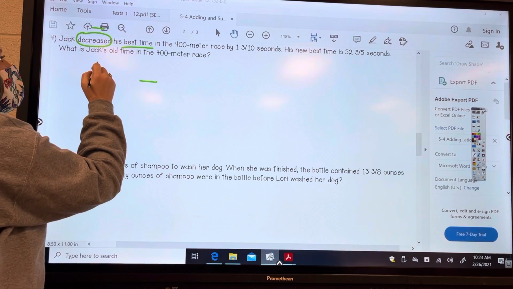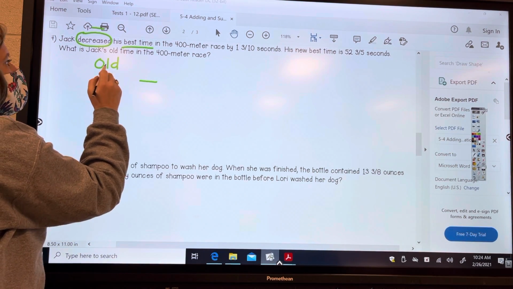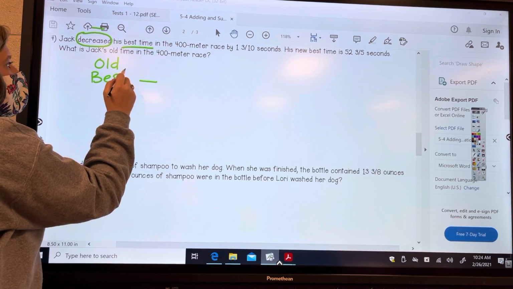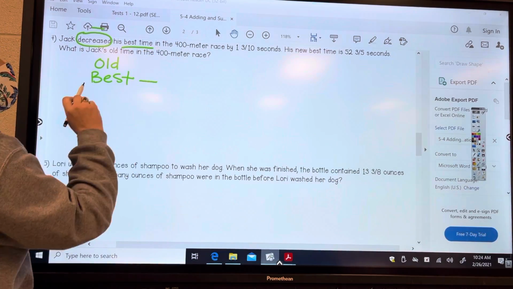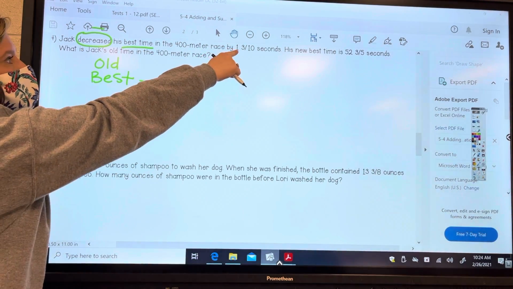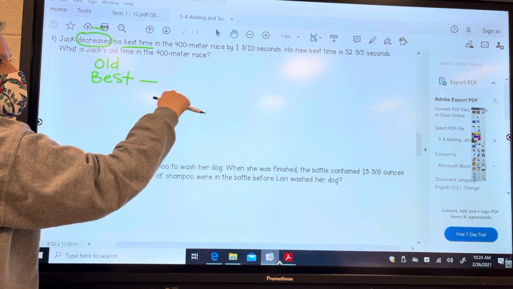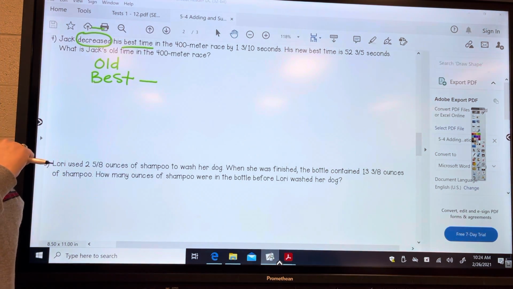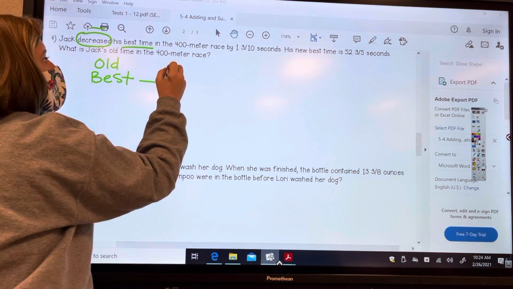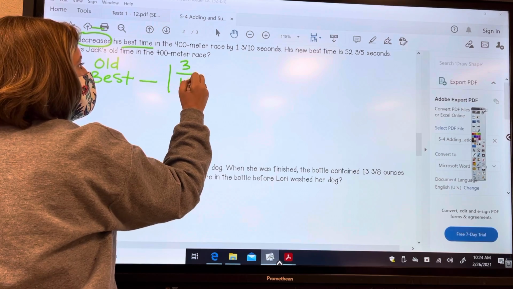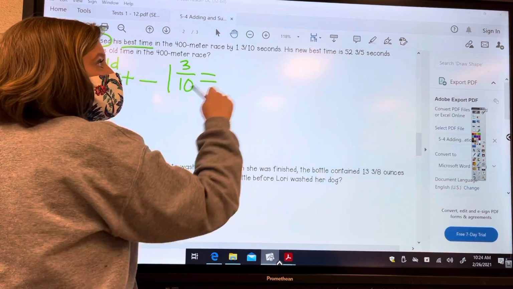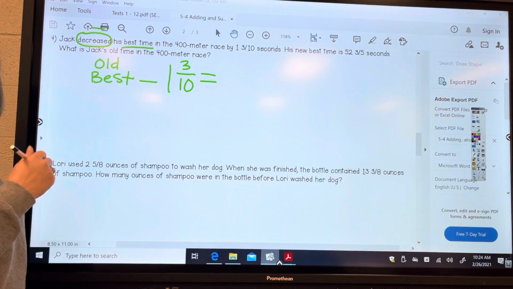Okay, so I'm going to put his old best in the 400-meter race by what? He decreased by what? What needs to go here? 1 3/10 to get his new time. What is his new time?